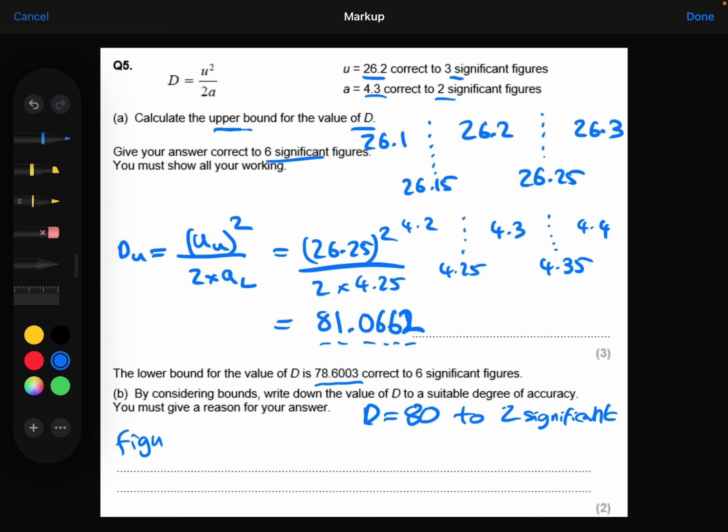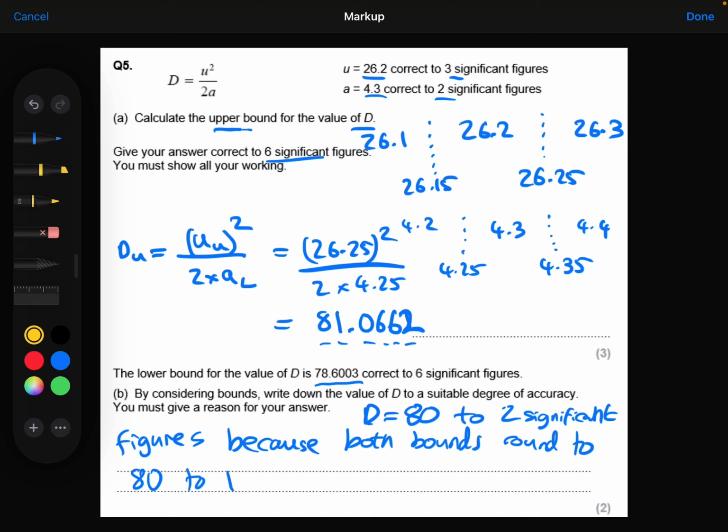All I can say is that D equals 80 to 1 significant figure. And now I need to give a reason, because both bounds round to 80. That's the 1 significant figure. Apologies, that should be a 1. We've only rounded to 1 significant figure here, not 2.